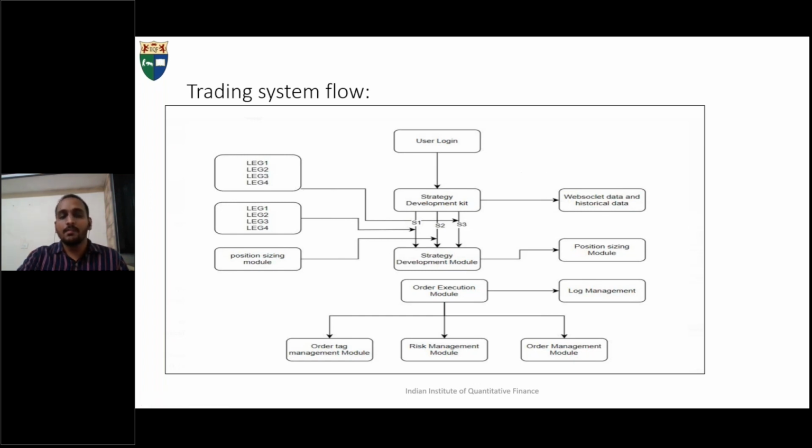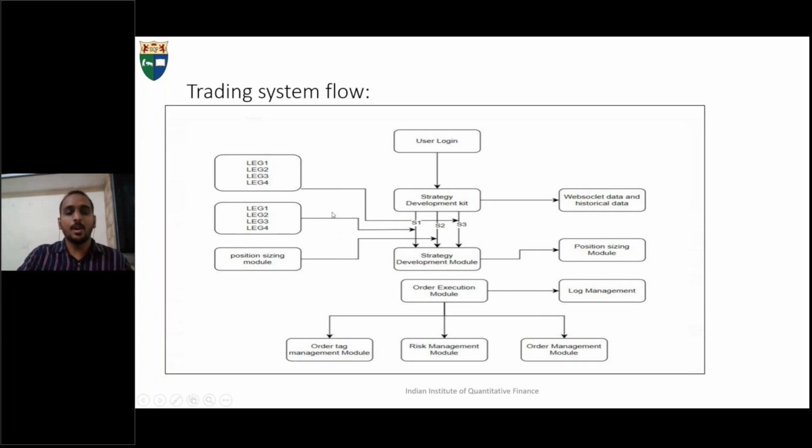So very first, we will be getting the WebSocket data from the broker's API. We will be resampling the WebSocket data to the desired time frame and merging it with the historical data, henceforth passing that merged, resampled data into the indicator calculation. This is the purpose of WebSocket data and historical data.